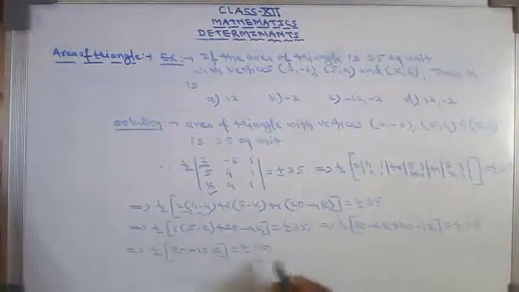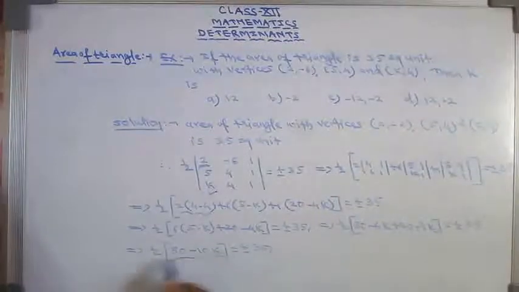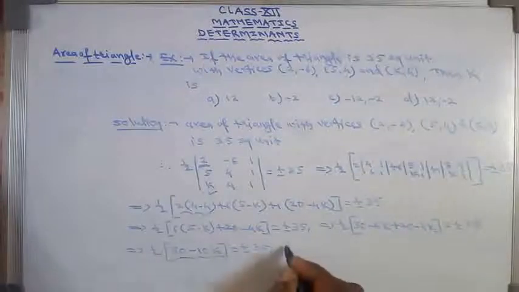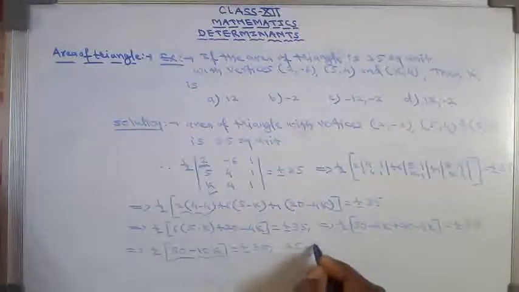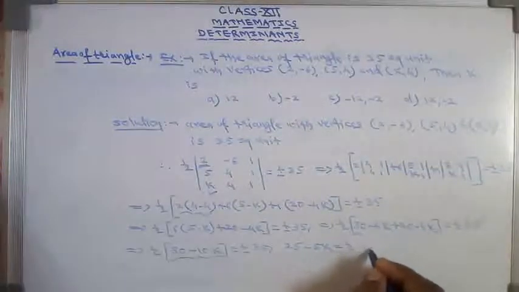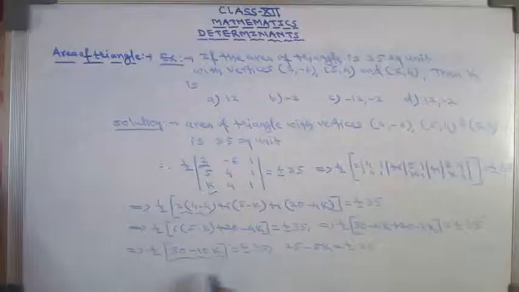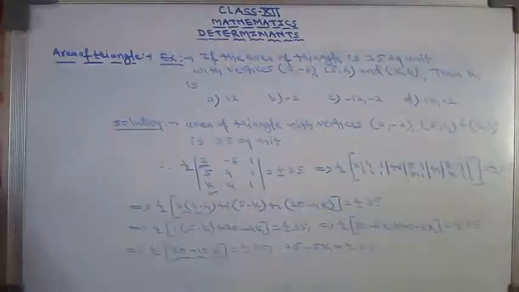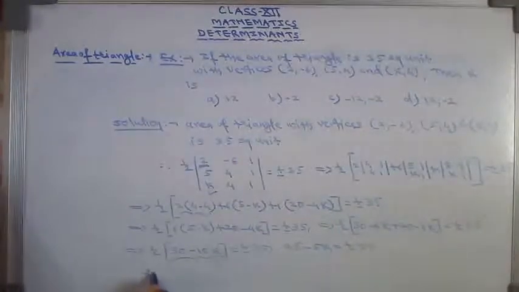So take 25 minus 5k equals plus 35, and 25 minus 5k equals minus 35.